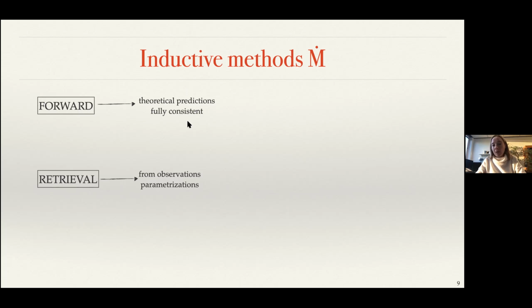You will also realize, later in the talk, that this kind of computation can be extremely CPU demanding. And as such, they are seldom used to interpret observations in this kind of retrieval method. When you're modeling observations, you often need to parameterize some of the quantities that you need.